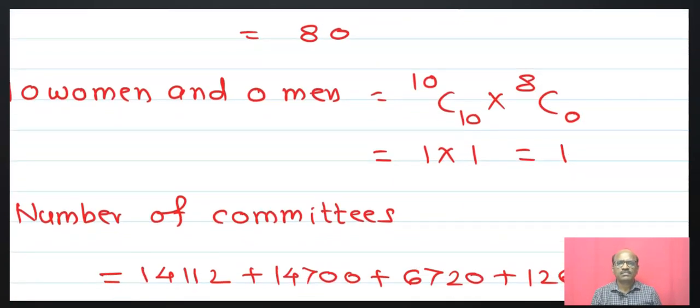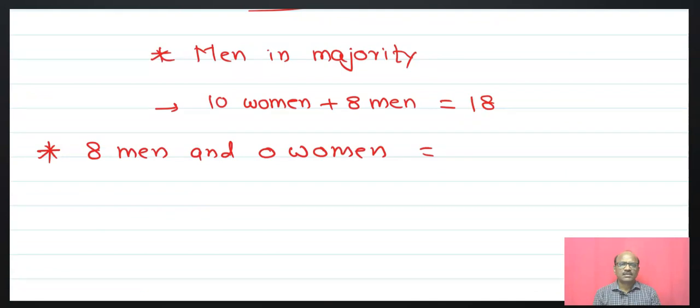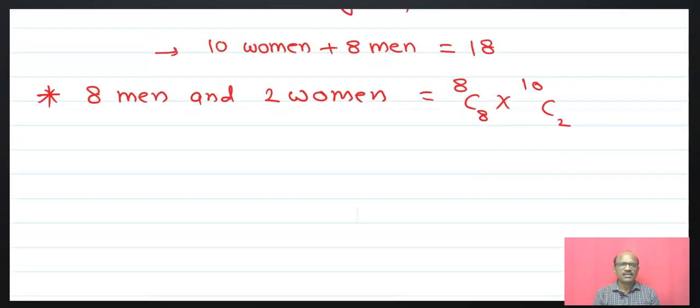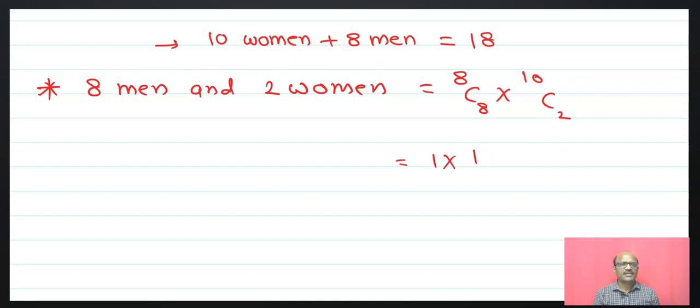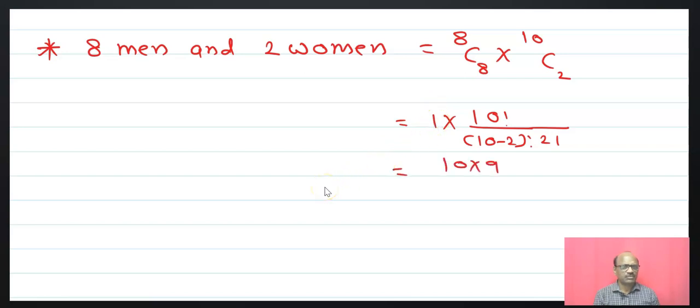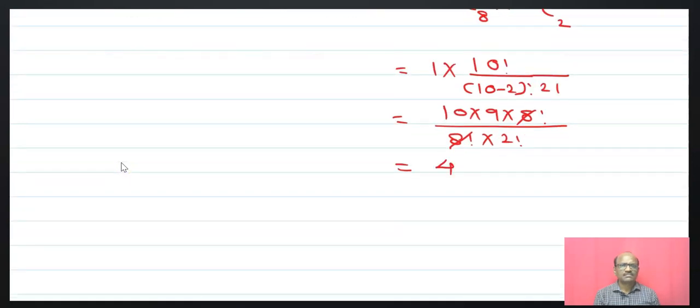To form 8 men and 2 women, that is 8C8 and 10C2. Men must have the majority if we select 8 out of the 8. This is the first possibility. That is equal to 45.